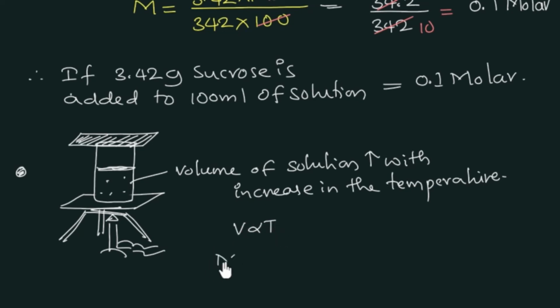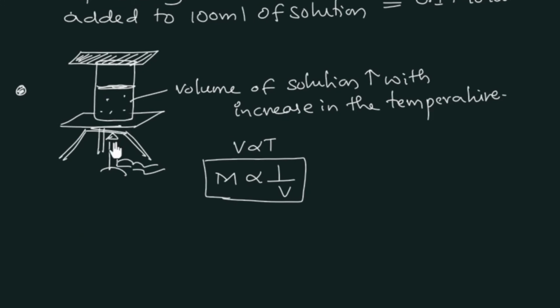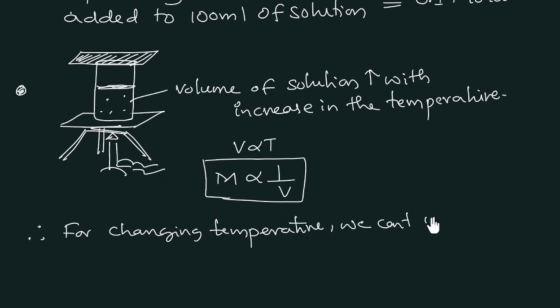But molarity is inversely proportional to volume, as I mentioned in the previous part. It means that if the volume is increased, molarity decreases. Therefore, for those reactions which are carried out at varying temperatures, you can't use the molarity term. For that you have to use molality. So we can conclude that for changing temperature, we can't use the molarity term.